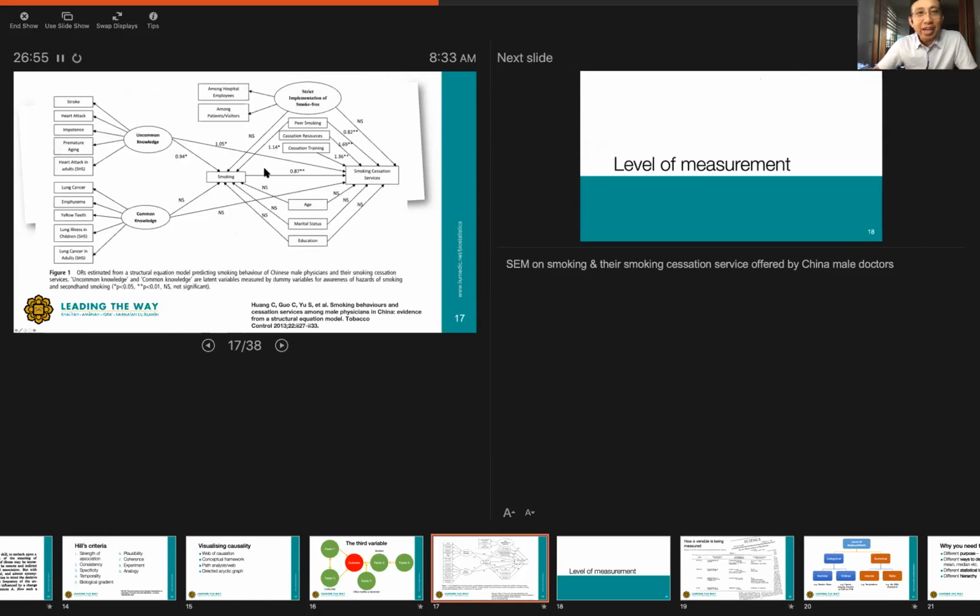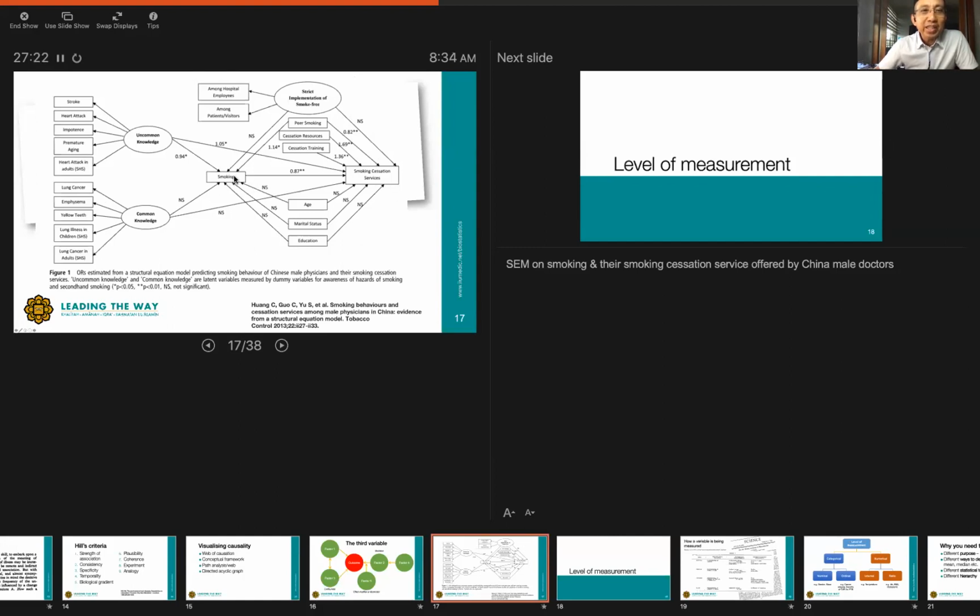It looks like a complicated diagram, but the important variables are only two, smoking and smoking cessation services. Whether the doctor smoked, whether he eventually prescribes smoking cessation to the patient or not. And all the other factors are analyzed for their relationship with these two variables.